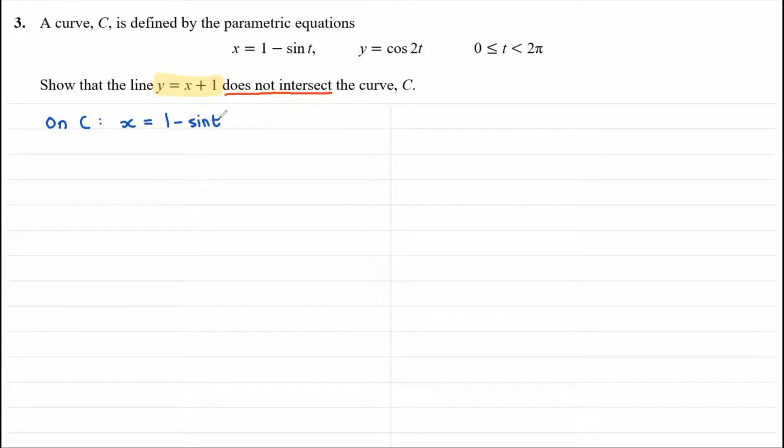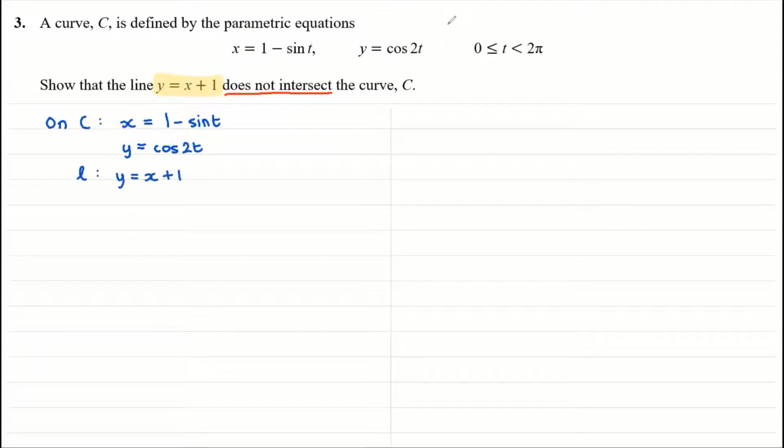And also, we're given that y is equal to cos of 2t. Now, if this line does in fact intersect with the curve, then let's say for L we set up the equation y is equal to x plus 1.